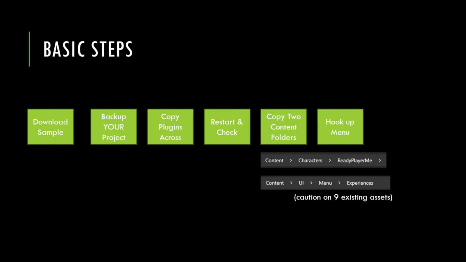Then, of course, make a backup of your project so that if anything were to go wrong, you can always come back to your project. The next thing to do is copy over the two plugin folders and then restart your editor to make sure those two plugins activated appropriately.